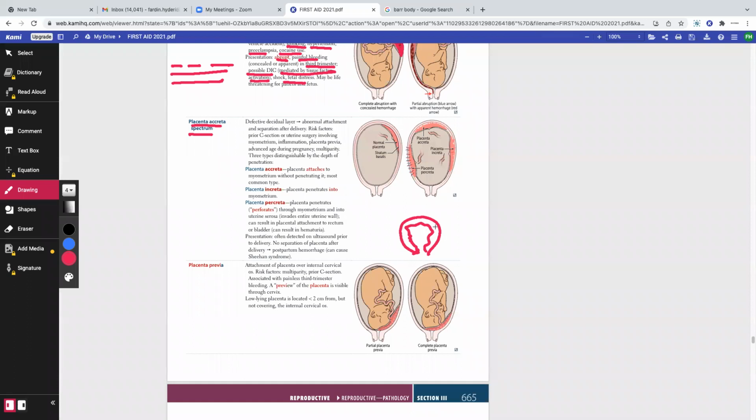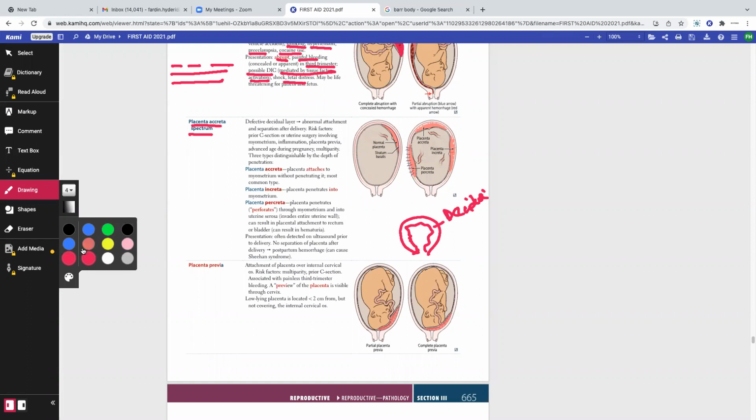Not myometrium. I talked about this. This is known as decidua. Do you guys remember this? The decidua is the mother's endometrium that is filled up with blood and glands, and it is the endometrium that will host the fetus.